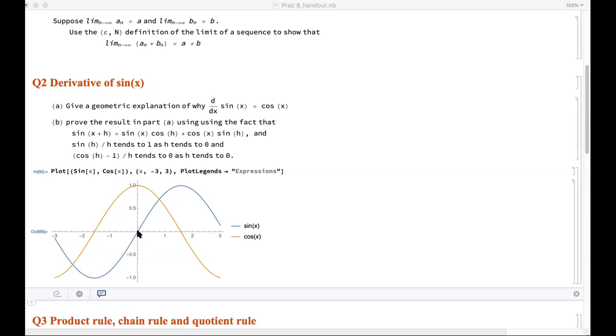No, we don't want, this question asks you to show it geometrically. So we do not want to calculate it. I just plotted this so that you could compare the two functions. So at x equals 0, what's the derivative of sine x? Not trigonometry, but just look at the graph.